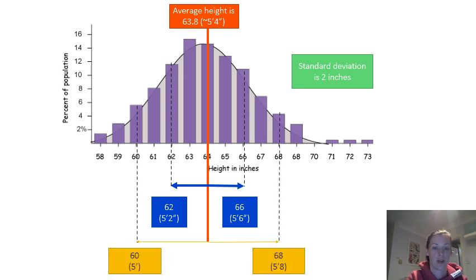And then we've got here the standard deviation after that. So 95% of the population will fall between 60 inches and 68 inches. And I'm sure if you asked any female members of your family, the vast majority of them would fall between 5 foot and 5'8". So that's 95% of our population falls within those.